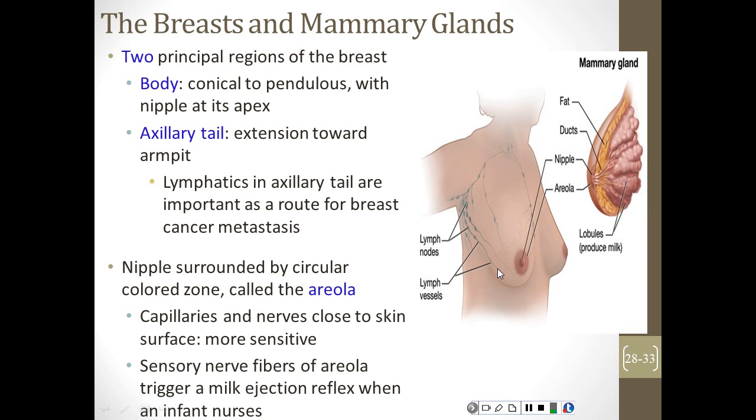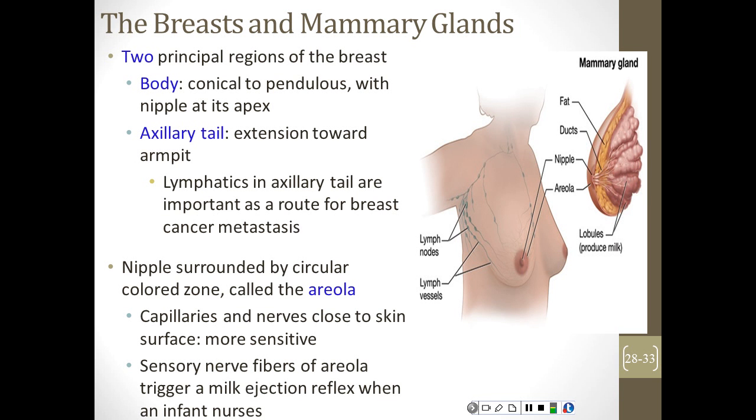Okay. Alright, so when we look at the nipple itself, it's surrounded by the areola, which is a darkened region. And this is where the blood vessels and the nerves are closer to the surface. We have sensory nerve fibers there in the areola, which are very important to triggering the milk for nursing mothers.